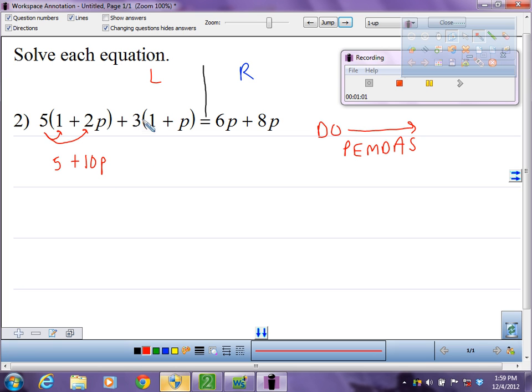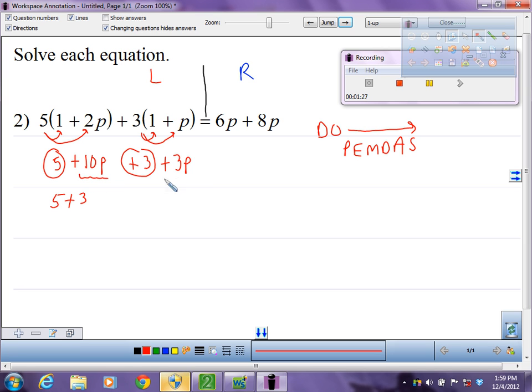I have a plus 3 parentheses, so that means another multiply right there. When the number is next to the parentheses, that means multiply. So you end up with positive 3. And then that's also a 3p. Then I continue. Can I collect like terms? Yes, I can. These two are the same family. They're both constants, so it's just putting them together. Okay?